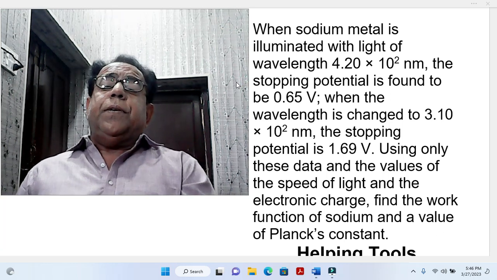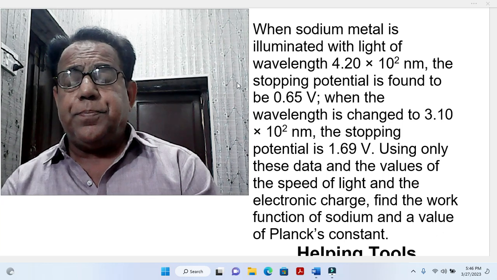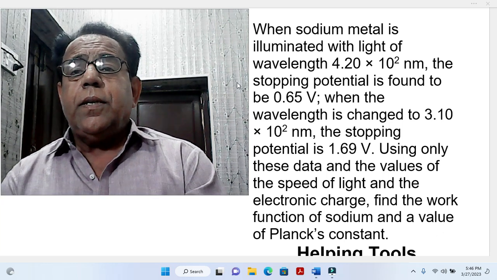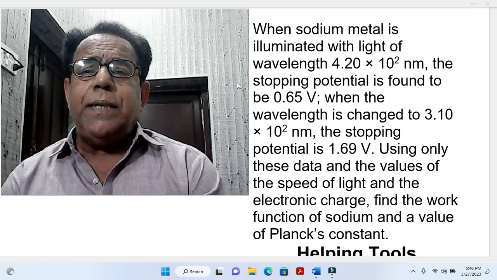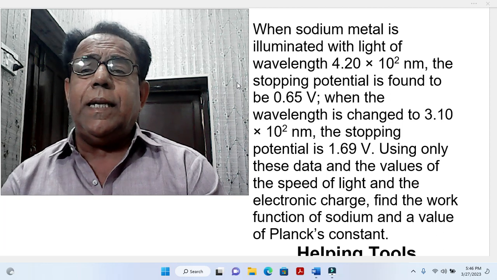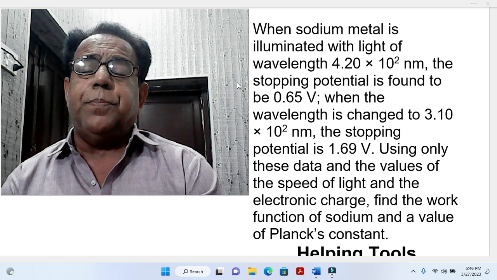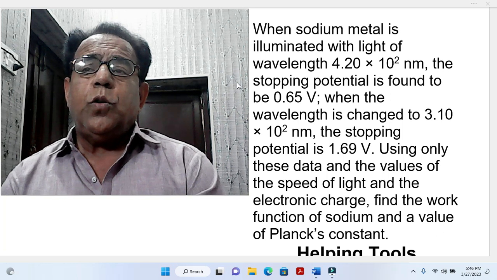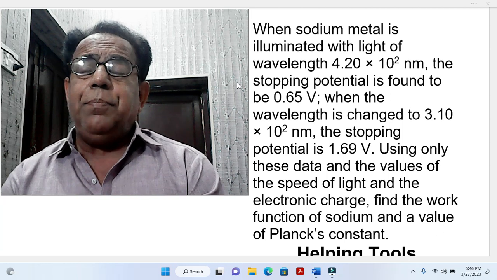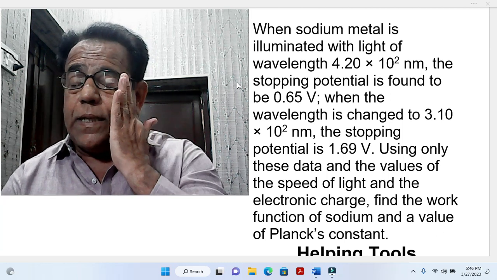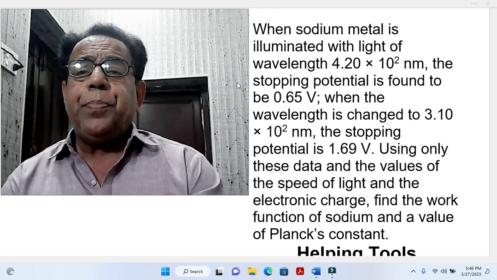We know that the value of Planck's constant h is constant and is given in many tables. Similarly, the value of the work function of sodium, whose name in the table of elements is denoted by Na, is also given.